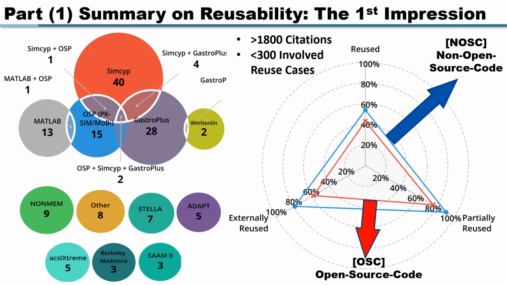The results are summarized in star graphics, and one thing to note is only 40% of the open source code platform cases were reused. And to make the picture even worse, only 60% of this 40% reuse cases involved external reuse. Therefore, the overall number for the reuse cases of open source code platform cases of PBPK was 24%.